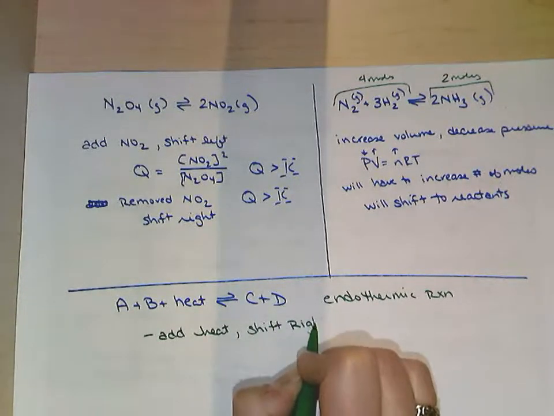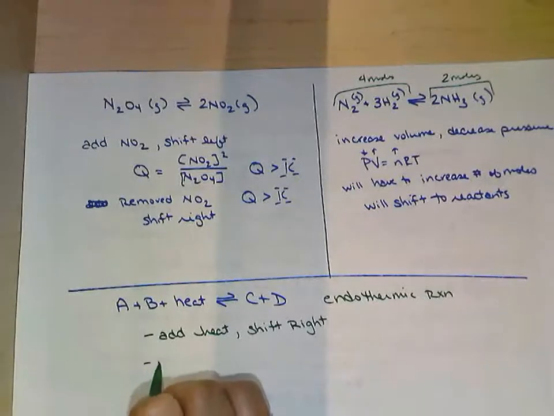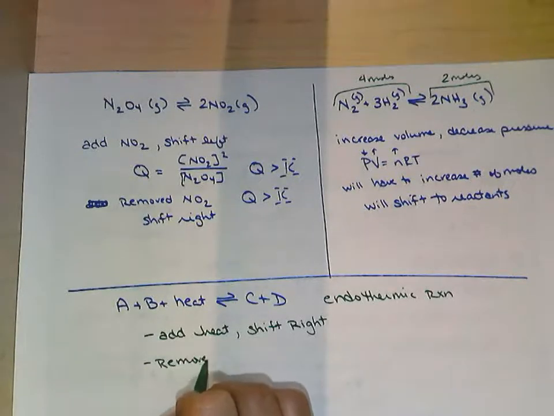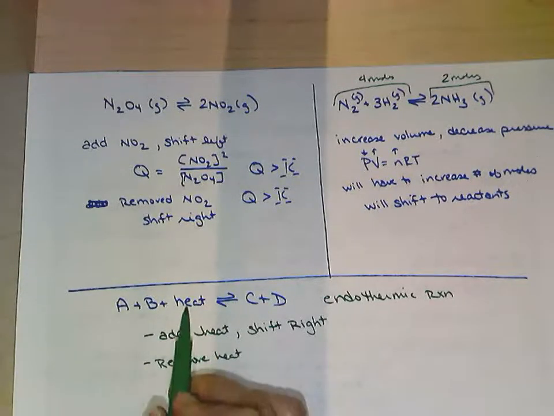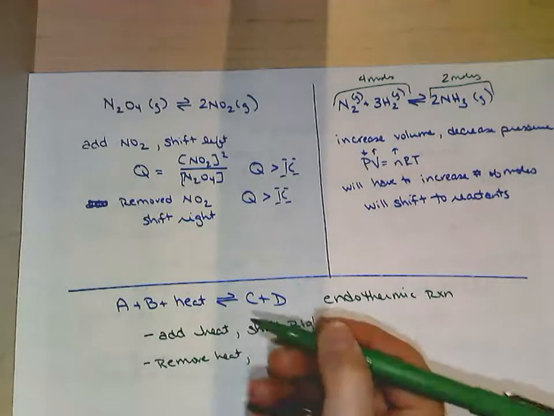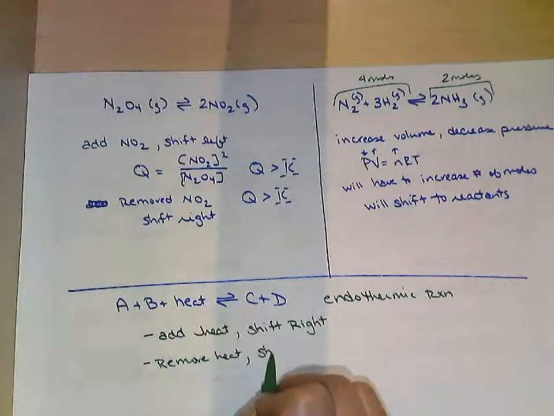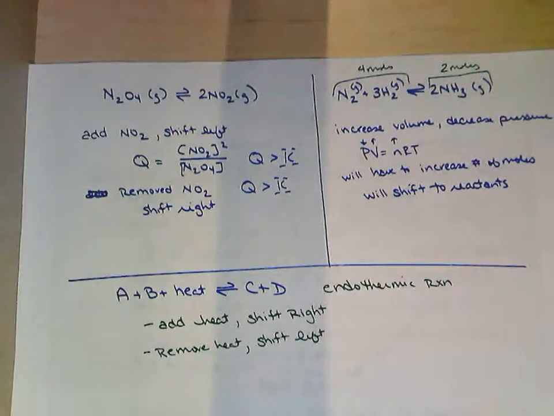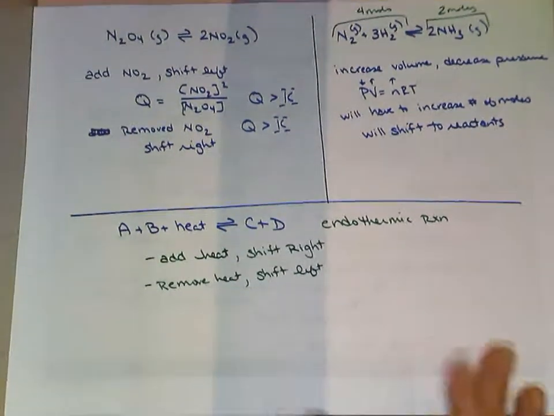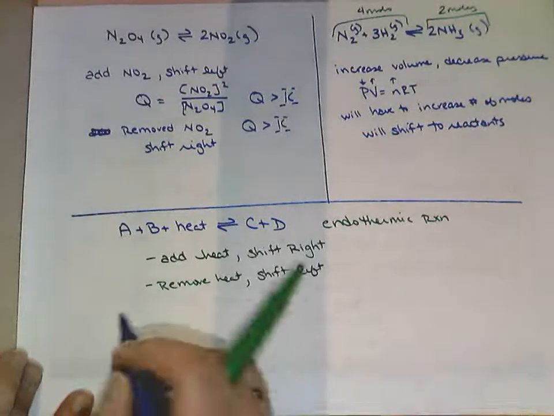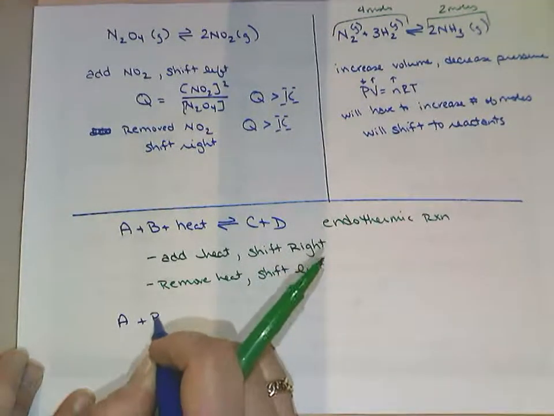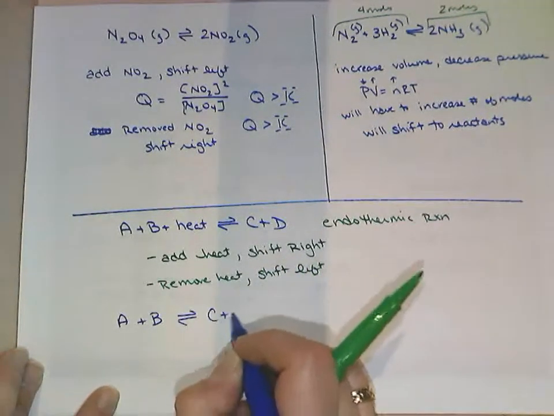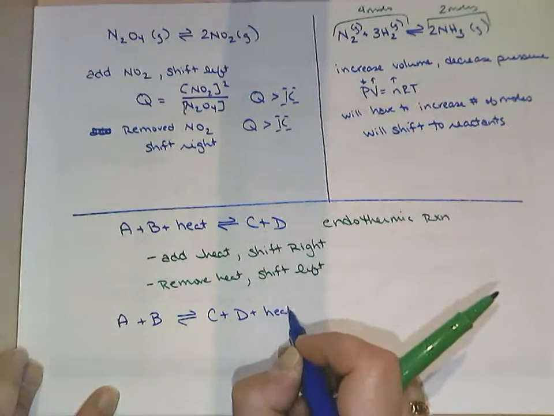If I cool it off and I remove heat, I will take away some of the reactant, which means it'll now shift left to compensate for that heat that I'm taking away. And we could do the same thing for an exothermic reaction.